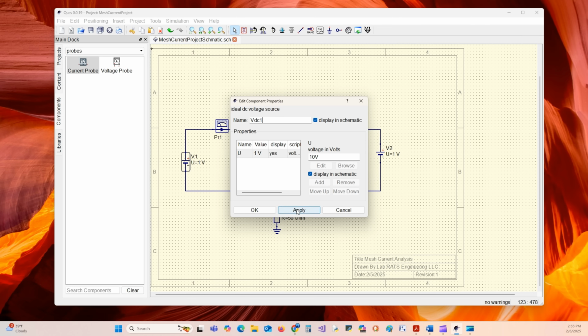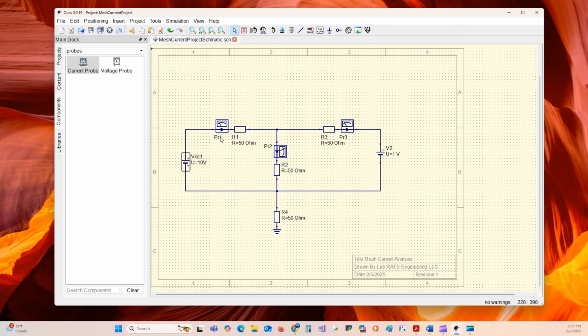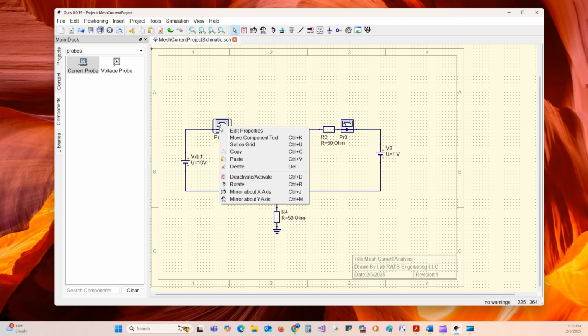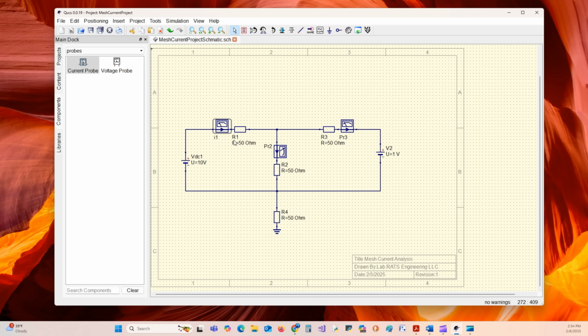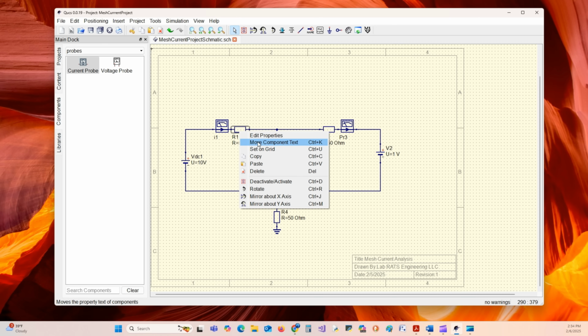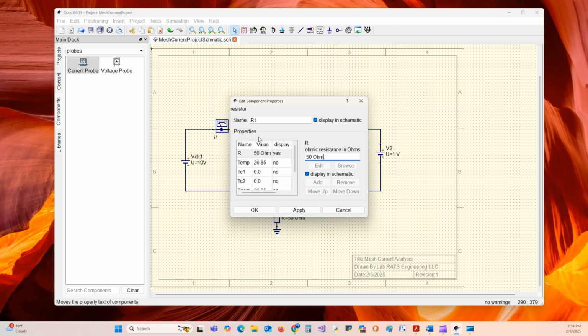VDC1, apply. Okay. Add a property here. PR1, I'll just call it I1. Apply. R1, properties. It's 50 ohms. Okay, that's good. We'll apply that.